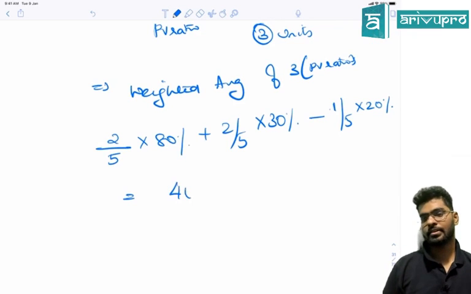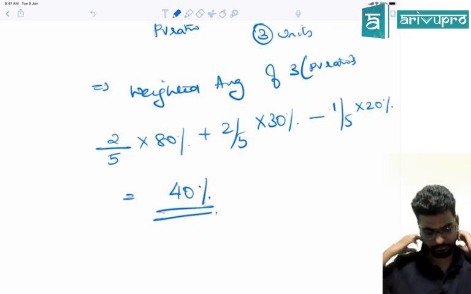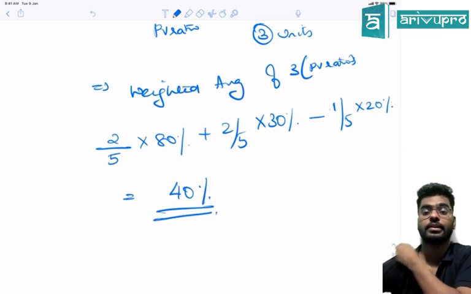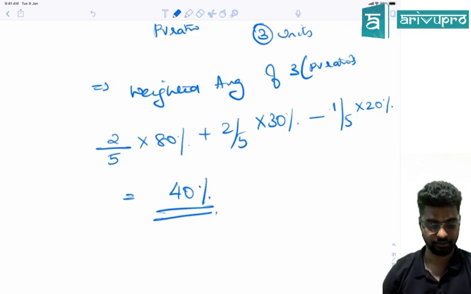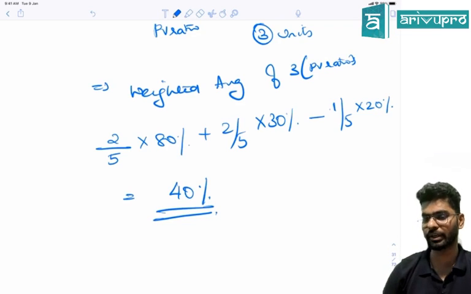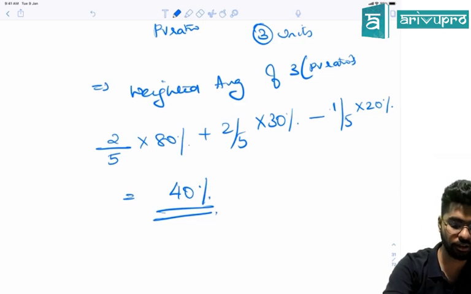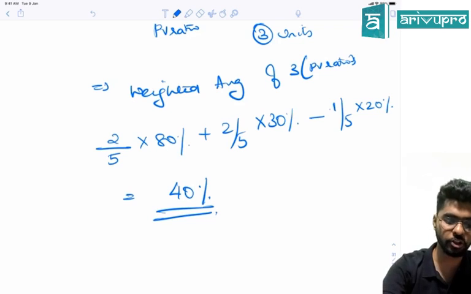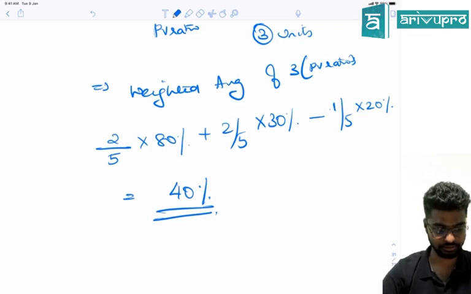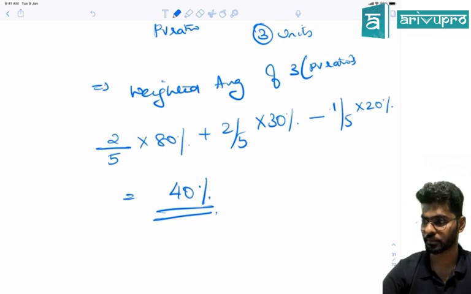Are you all clear? Correct, Priyanka. But here we are doing the composite PV ratio because I don't know the contribution per unit. Are you clear?